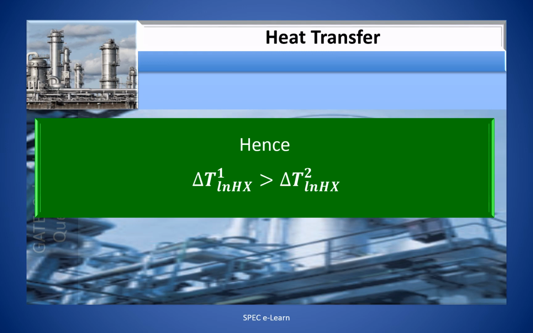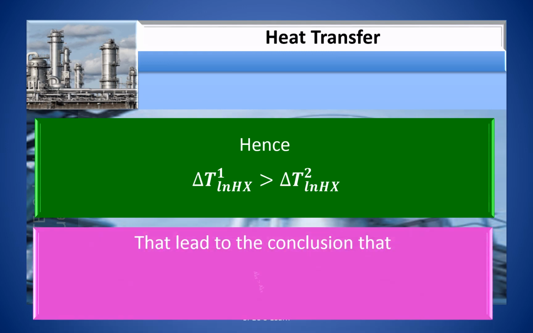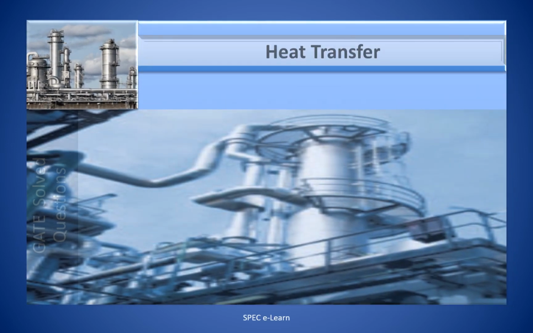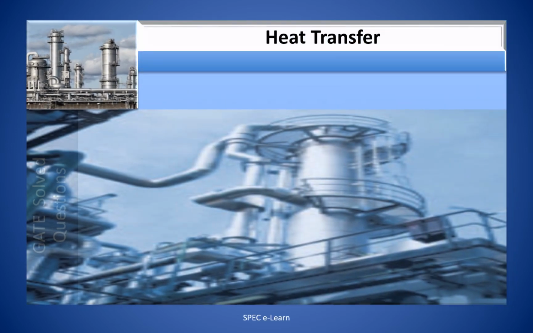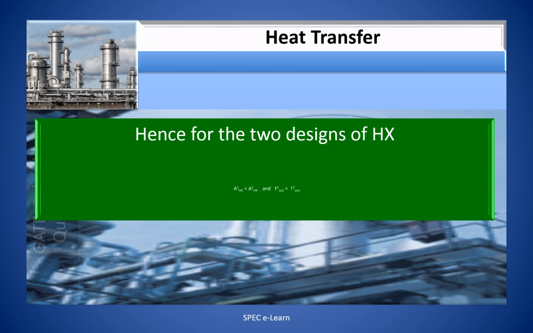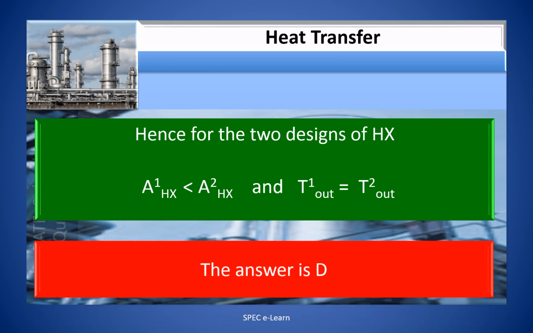That leads us to the conclusion that A2 Hx is greater than A1 Hx. Hence, for the two designs of heat exchangers, A1 Hx is less than A2 Hx and T1 out equal to T2 out. So the answer for the question is option D.